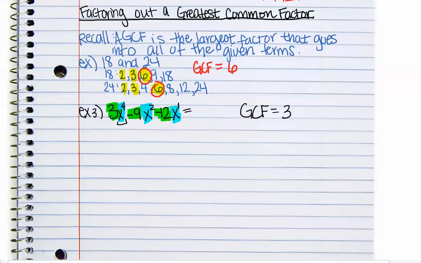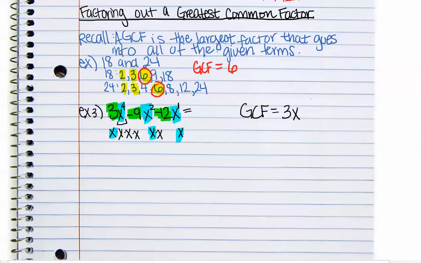This guy's got x to the 4th power, which means he has x times x times x times x. This one has x squared, and this one has just 1x. So they all have at least 1x. Okay, I can't take more because this one only has 1. So the second part of our GCF is going to be the variable with the lowest exponent. And remember, if you see a constant term, the exponent that he has is 0. So that would be the lowest. We'll look at an example of that.